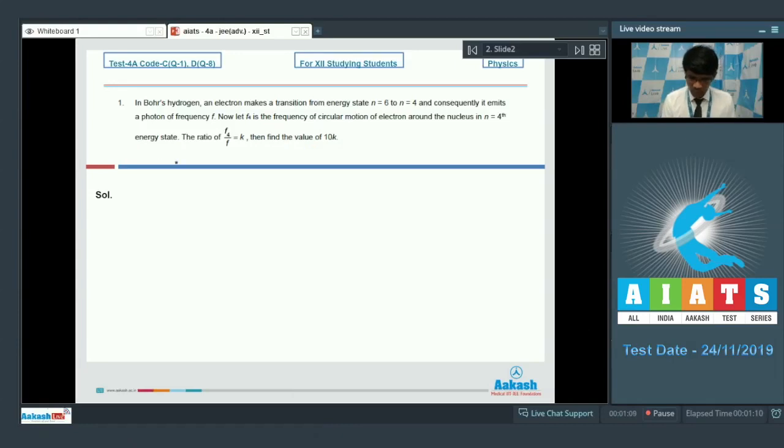Well, the electron is making a transition from n is equal to 6 to n is equal to 4.